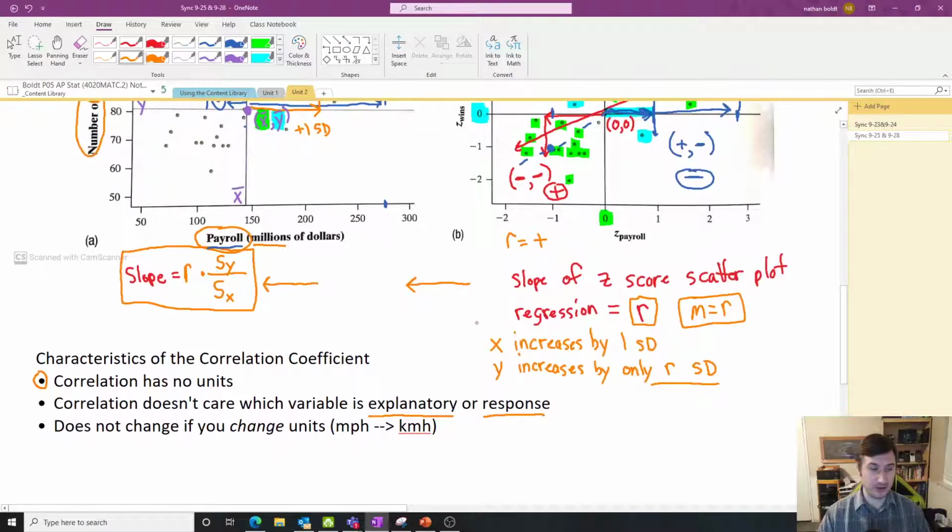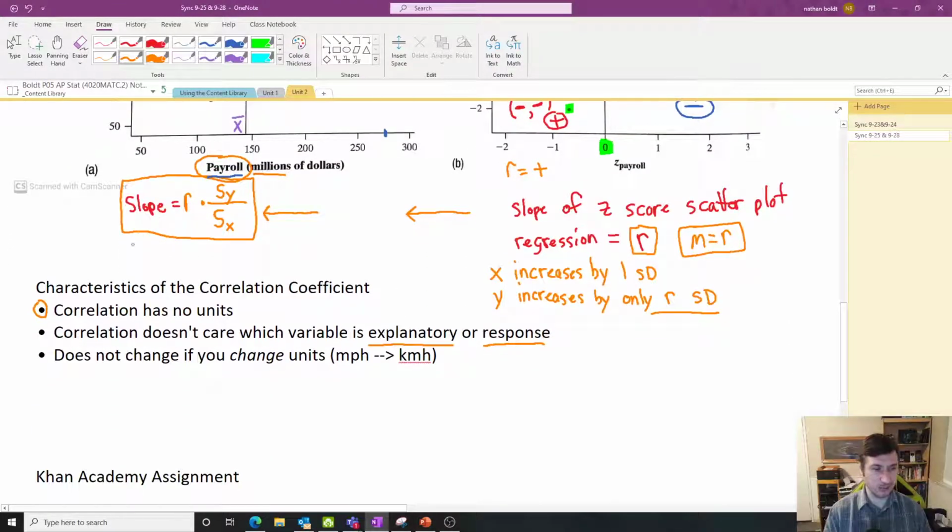It's kind of a cool thing there. Pretty easy to see algebraically, hopefully, because it's multiplication. Correlation doesn't care which one is explanatory or response. There are other reasons why you have to differentiate between explanatory and response. Correlation just isn't one of those reasons.